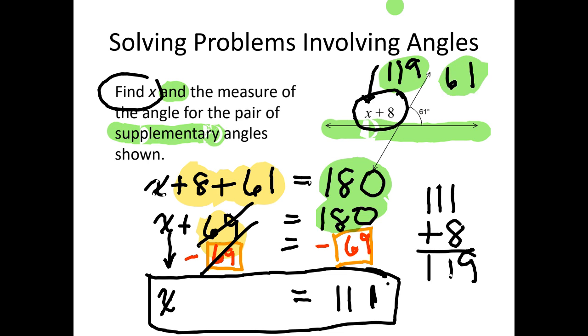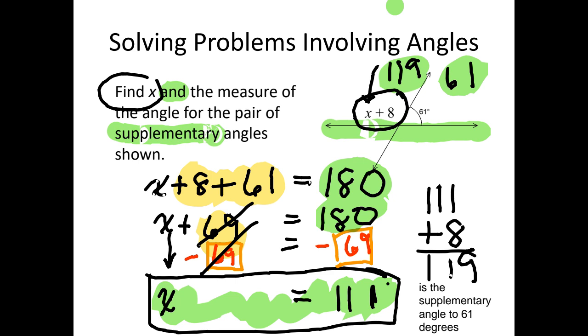This is my x. 119 is the supplementary angle to 61 degrees. 119 is the supplement of 61 degrees. Okay?